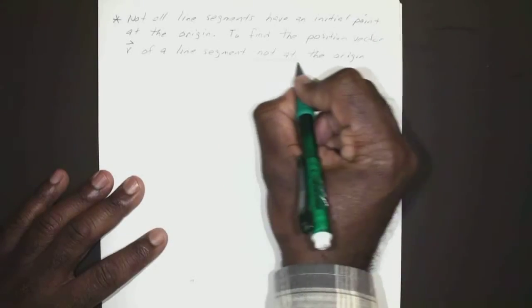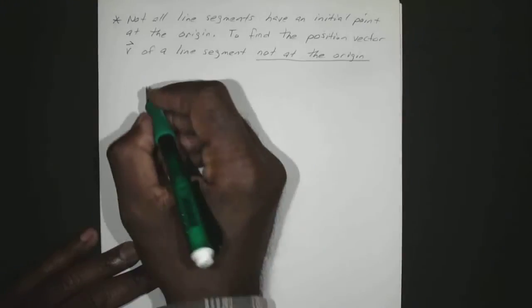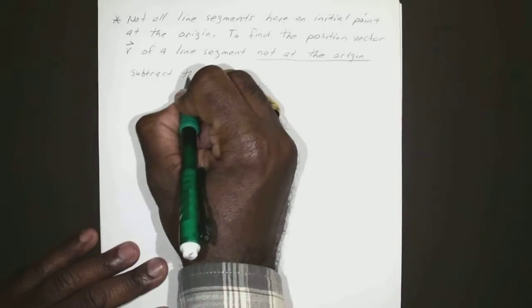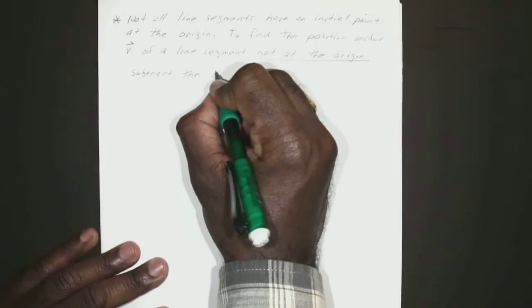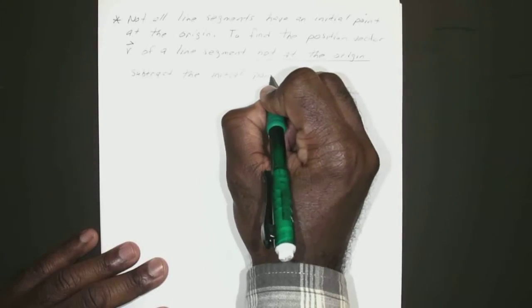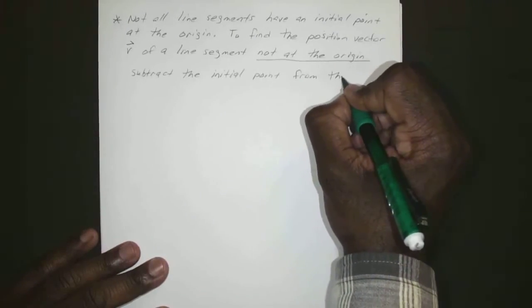I mean, you could use it for at the origin, but you don't have to when it's at the origin. Okay, you subtract the initial point from the terminal point.